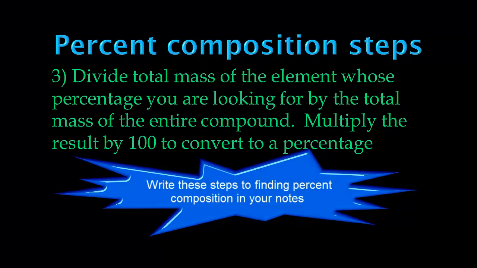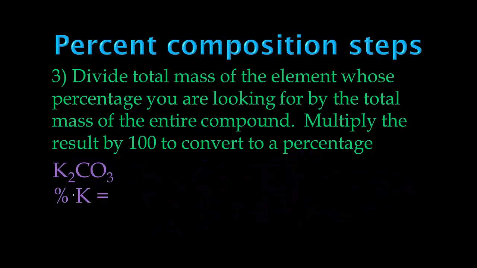Third step, you divide the total mass of the element whose percentage you are looking for by the total mass of the entire compound. Then you multiply the result by 100 to convert to a percentage. So the first one, we're going to find out what the percentage of potassium is in potassium carbonate. Our potassium, if you remember on the previous slide, was 39.10.